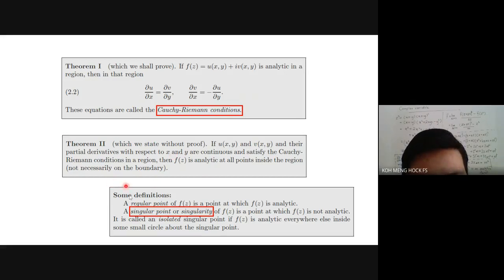Then here I put some definitions. If z is a point at which f is analytic, then z is a regular point. A regular point means an analytic point, that's also fine, but usually we say regular point. This is in contrast to a singular point. Maybe if you read some books, you will come across this word; they always say singularity.